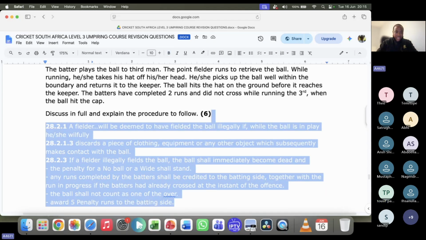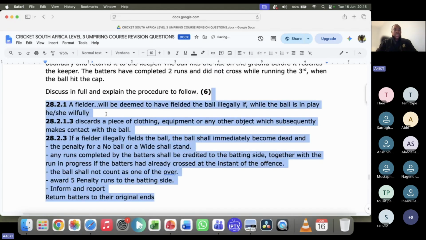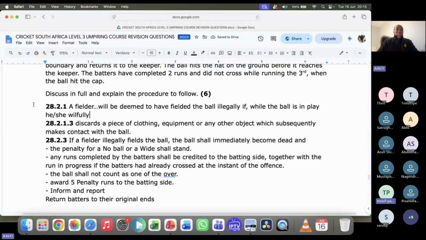Otherwise, Tosif, I think you covered most of the 6 marks. Let's go through the full answer. A fielder will be deemed to have fielded the ball illegally while the ball is in play if he or she willfully discards a piece of clothing, equipment, or any other object which subsequently makes contact with the ball.